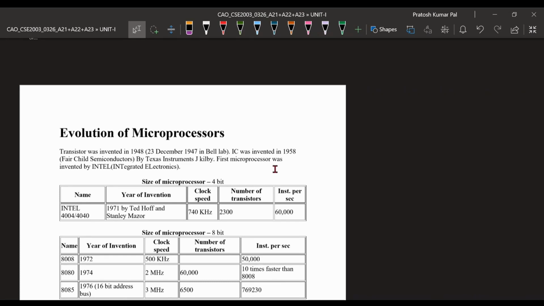Similar to that, there are different generations of the computer system that we see today, and the computers that were around 2 to 3 decades past. There is a very large difference between these computers.